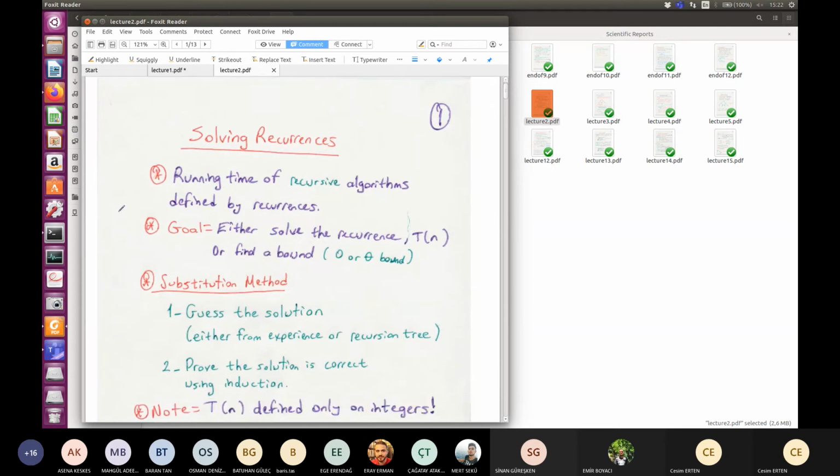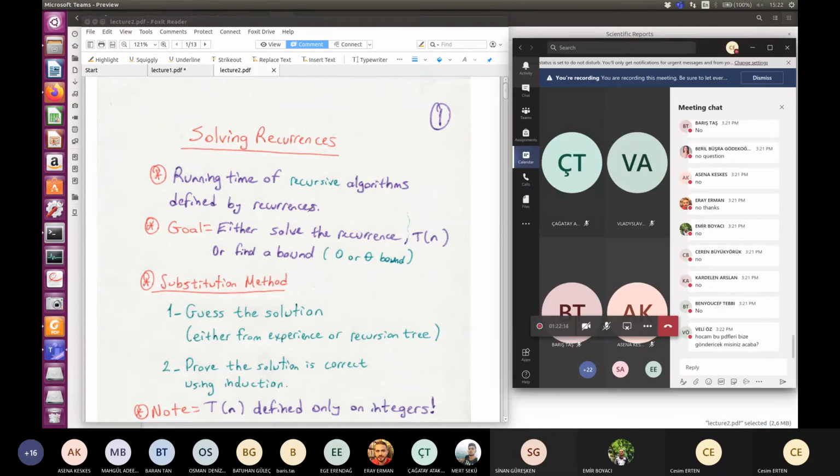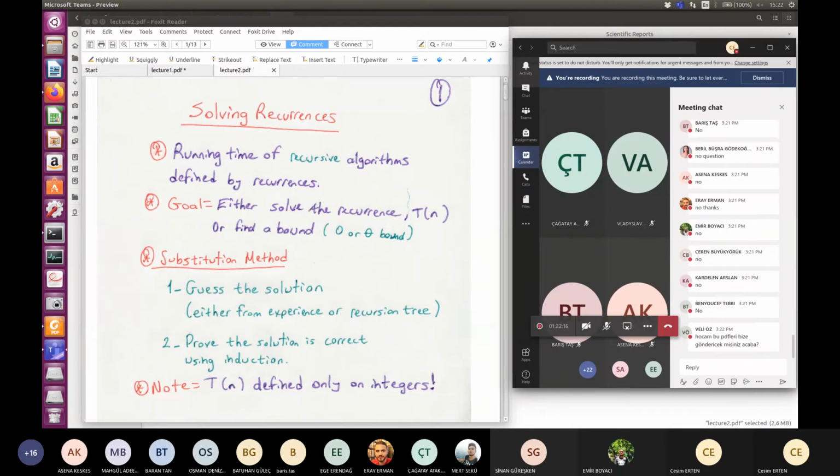Let's see some examples of solving recurrences. We have seen that if we have a recursive algorithm, we first describe its running time recursively as well using a recurrence. Basically, T(n) is equal to something.